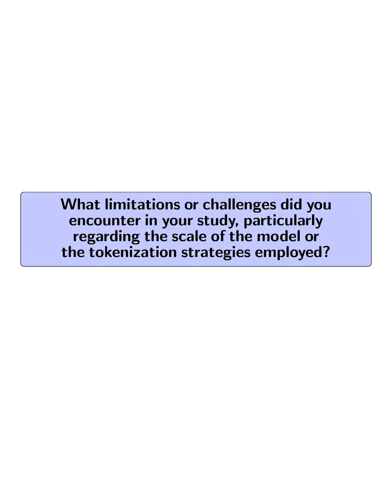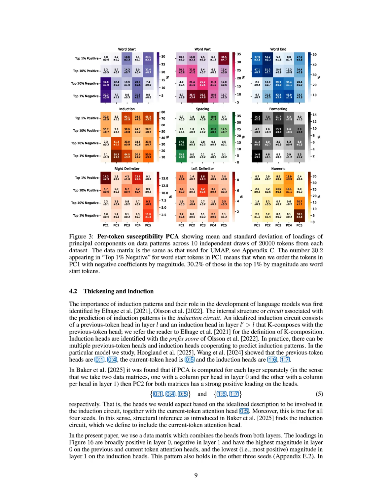What limitations or challenges did you encounter in your study, particularly regarding the scale of the model or the tokenization strategies employed? In our study, we encountered several limitations primarily related to the scale of our model, which is a 3M parameter, 2-layer attention-only transformer.